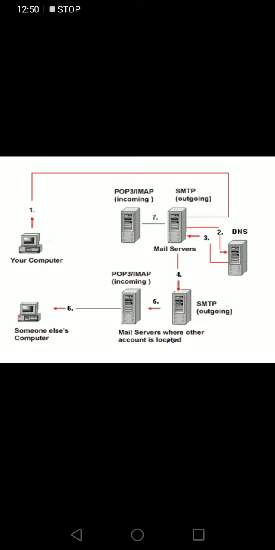Then DNS. The expansion for DNS is Domain Name System. With the help of DNS only, we can identify the receiver's IP address. The DNS is used to find out the mail server of the receiver. The information is retrieved from the DNS and the email message is sent to a particular email address.